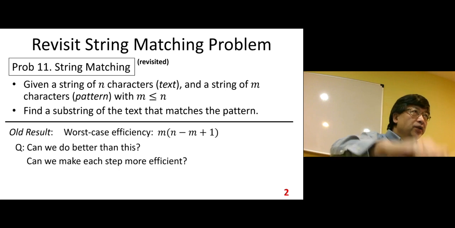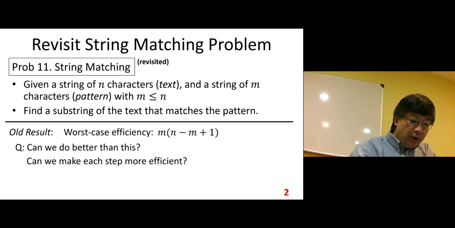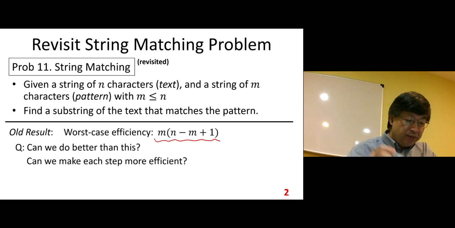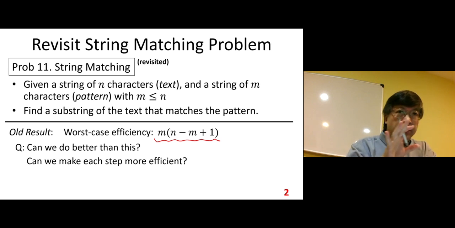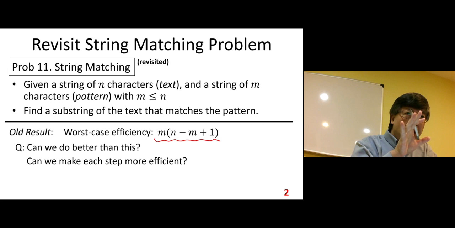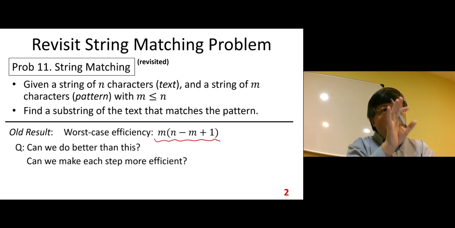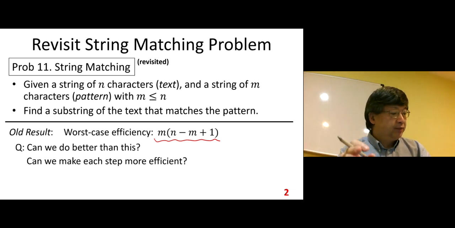The reason the old method is not quite efficient is that every time we shift our pattern to the right, the shift size is too small. Every time we only move one character to the right, that is not efficient.